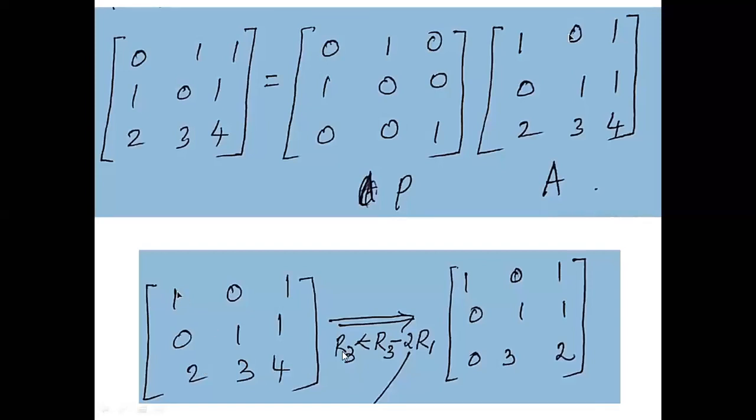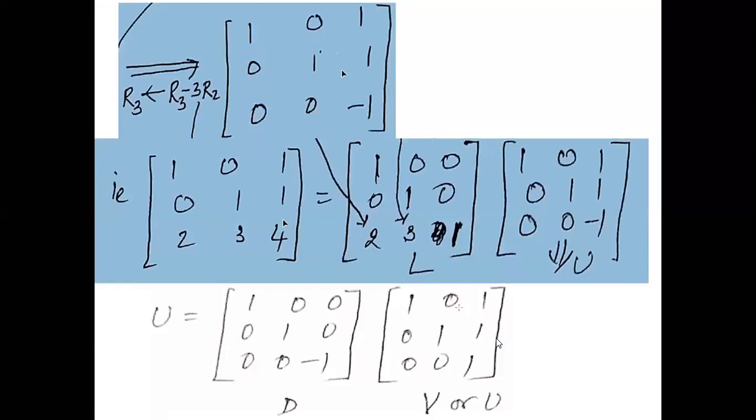So as the first step, we have R3 equal to R3 minus 2R1. Once we do that, this 2 goes away and we are left with 0. Then we need an additional step so that we can get rid of this 3. Therefore, we have R3 equal to R3 minus 3R2. And once you do that, we get this matrix, which is an upper triangular matrix.